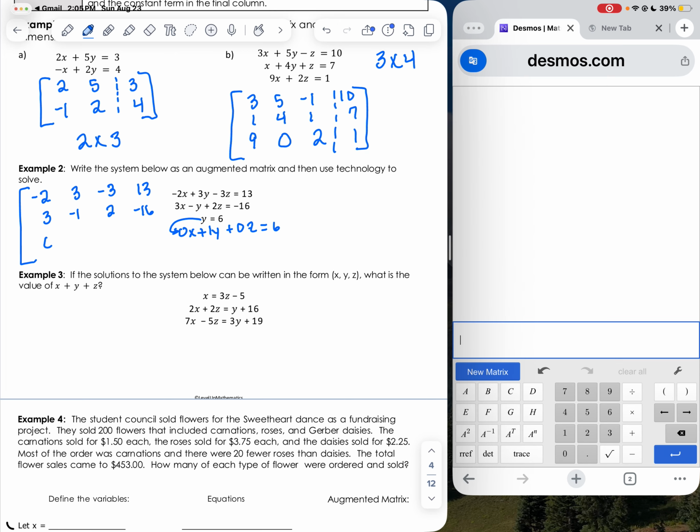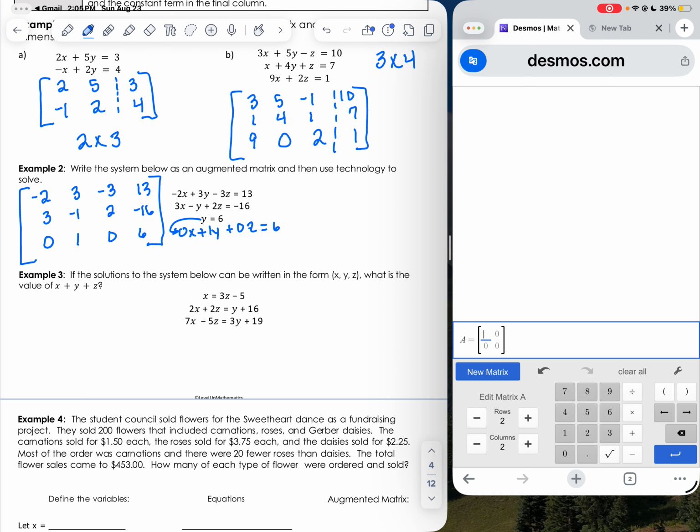For the bottom row, 0, 1, 0, and a constant term of 6. Now, I'm going to enter this matrix into my Desmos Matrix Calculator. So to do that, I press the New Matrix button, and then I have to tell the calculator what size this matrix is. And it is a 3-row by 4 columns. So I set up the size.